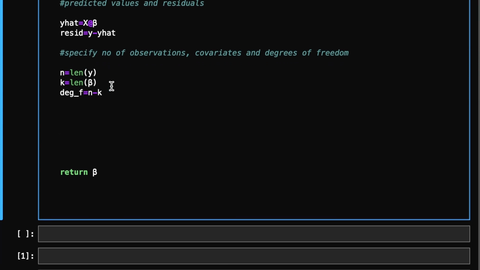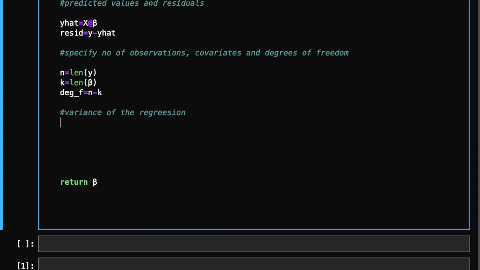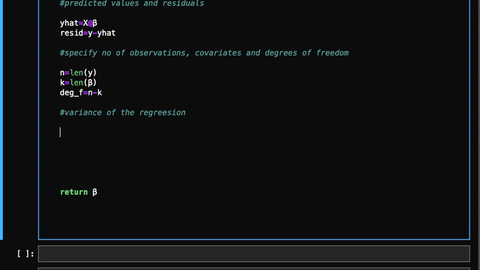Alright, so now let's get the variance of the regression. The formula for sigma square is SSE divided by n minus k. So the first thing we need is SSE, the sum of squared residuals.